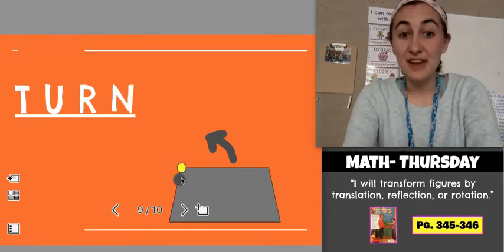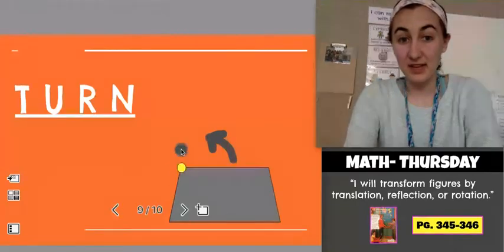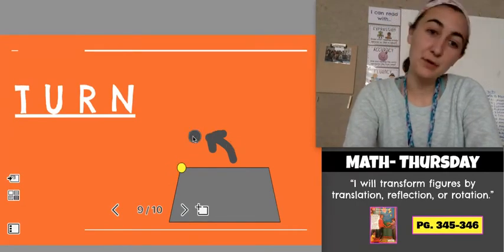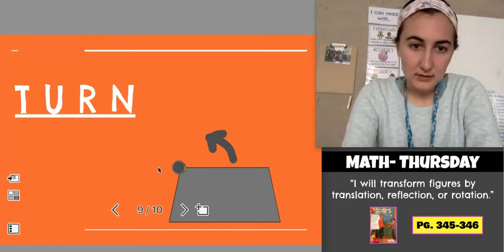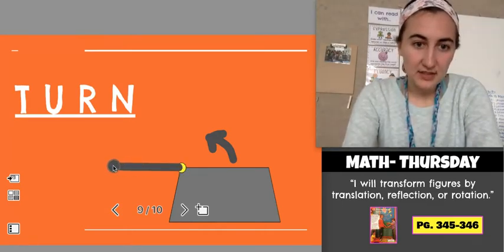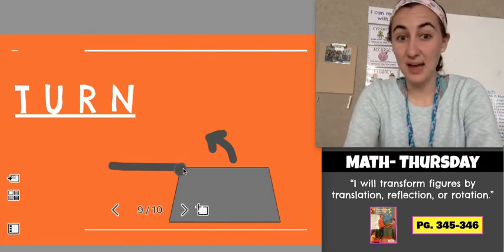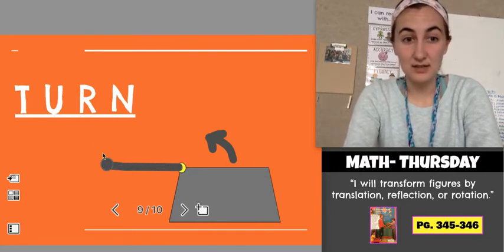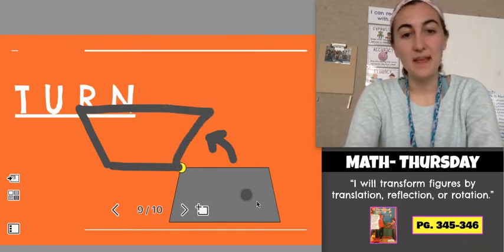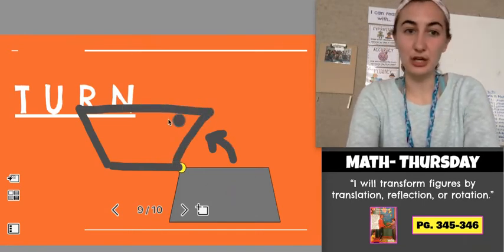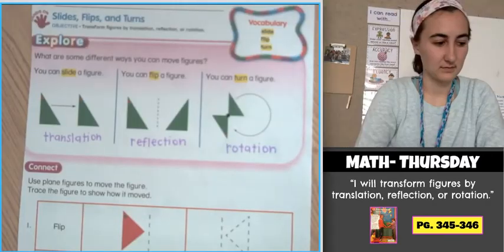I'm going to try drawing by keeping this point right here. So I'm rotating it this way. So I'm going to try drawing that point. Now this is still a top because it's still this corner here. I simply turned my trapezoid.